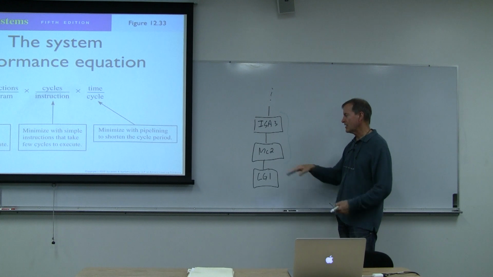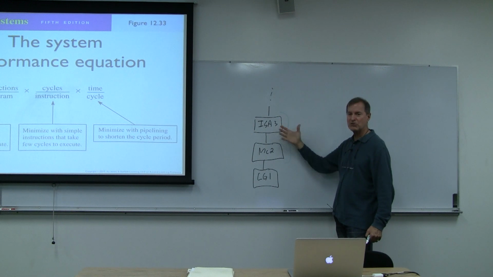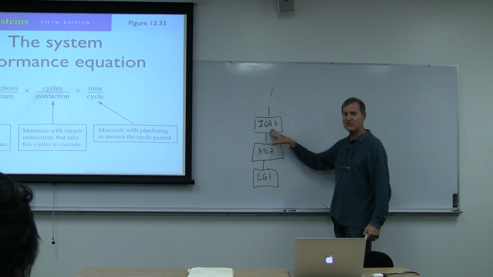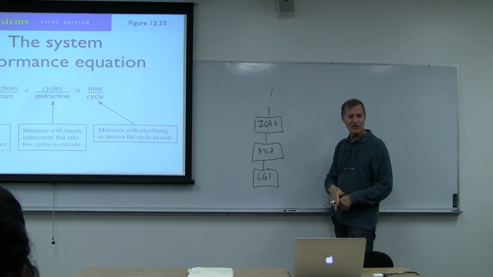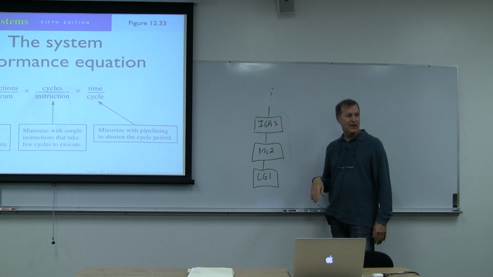You can either say there's no ISA 3, there's only MIC2, or you could say there's no MIC2, there's only an ISA 3. I mean, it's what you call it. We usually call it ISA 3 still and say that this one's gone. But conceptually, you can think of either one as being missing. And that, in fact, is what the RISC design philosophy is. Have every instruction execute in one cycle.